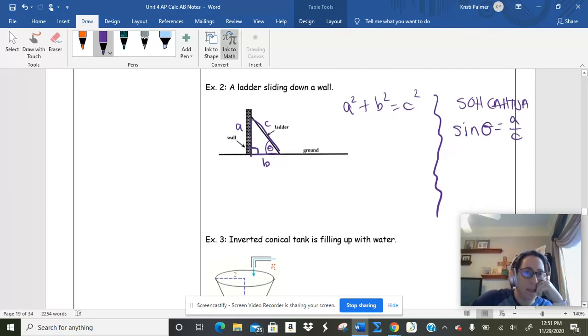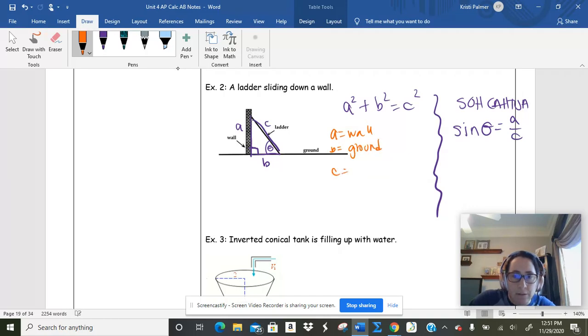Okay, so as I look at this, what are my variables here? A is the wall, B is the ground, C is the ladder.